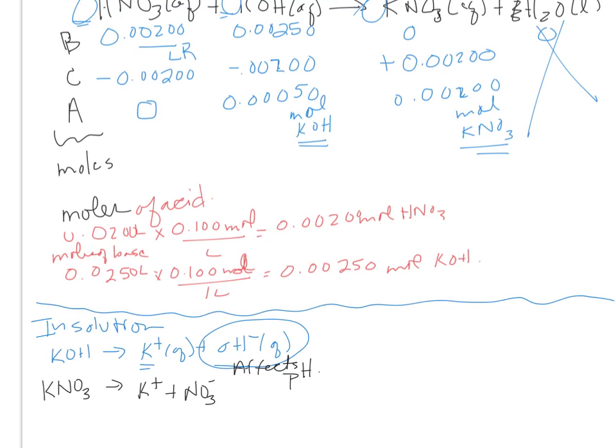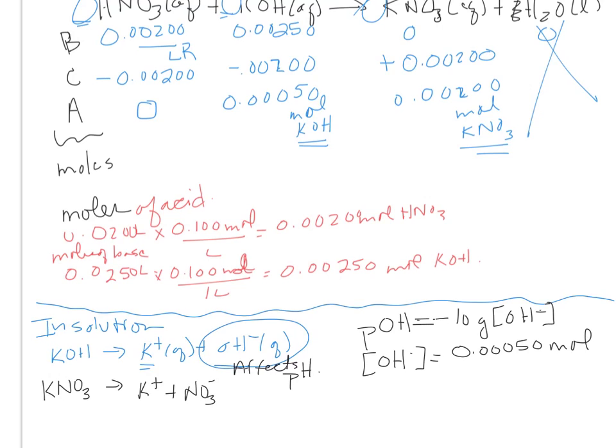But my hydroxide is. And if we remember, I'm going to go with the pOH is equal to the negative log of the concentration of the hydroxide ion. What is the concentration of the hydroxide ion in this solution? Well, it's going to be the number of moles of the hydroxide ion over the total volume.